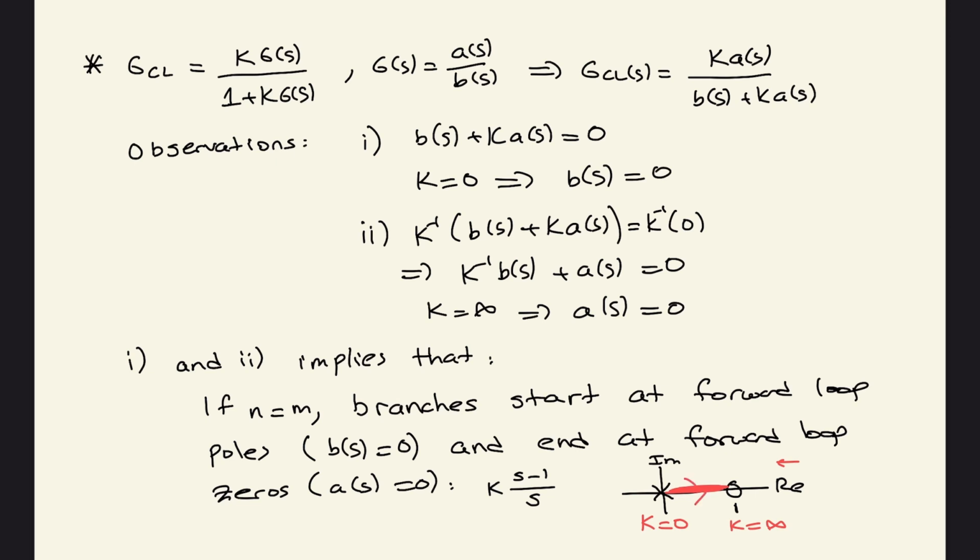So let's put an arrow. So this means that your closed loop system, n equals 1, so you are going to have only one closed loop pole. As you increase your gain k, your closed loop system becomes more unstable in this case, since you are on the right half plane. You go from 0 to 1.